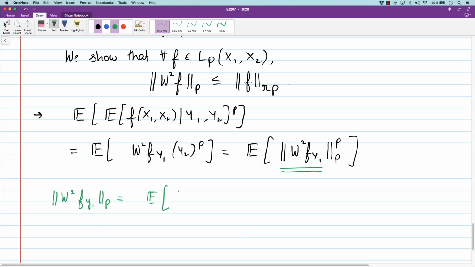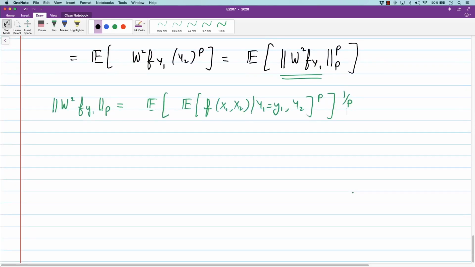This expectation will be over y2, of the W2, the conditional expectation of f of x1, x2 given y1 equals small y1, y2. This is my random variable whose expectation I'm taking over y2. So this random variable to the power p, whole to the power 1 by p. Okay, that's what this quantity is. There's another power, we'll come back to that later.